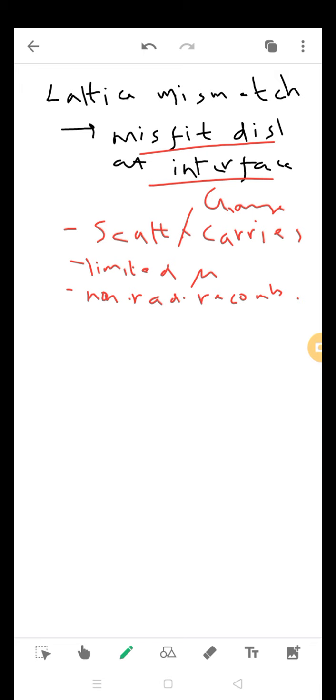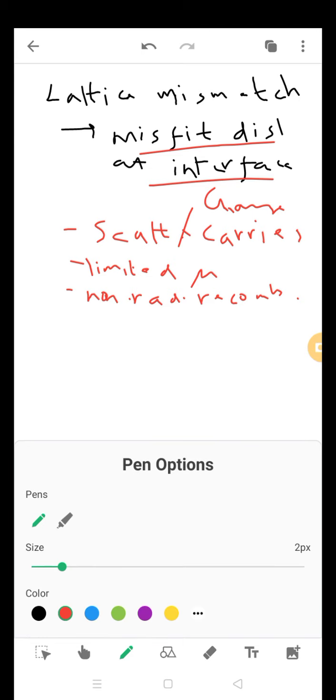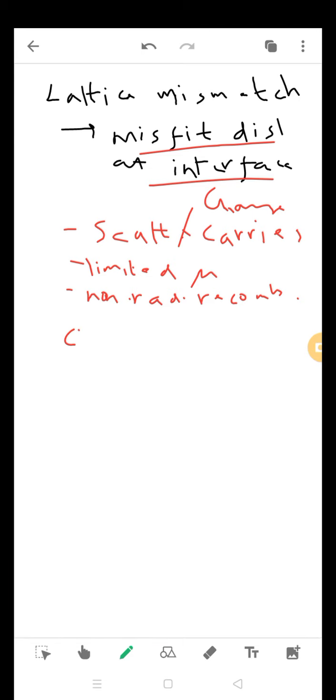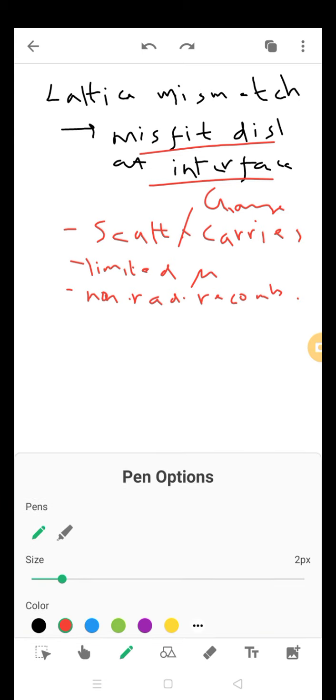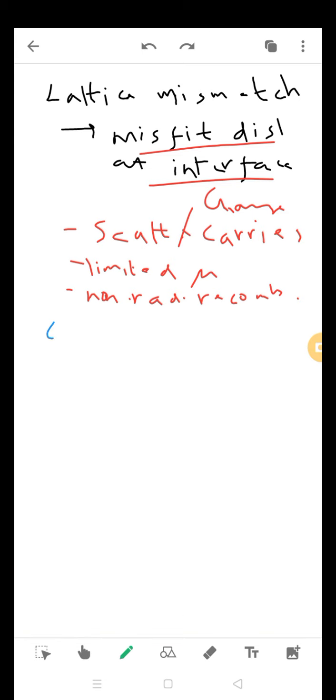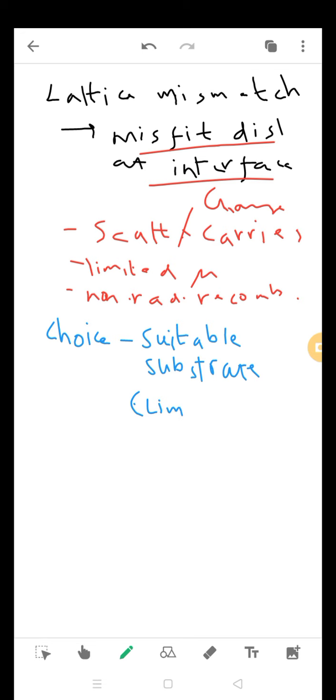Now the question is, the choice of a suitable substrate is limited. Therefore, we have to opt for other techniques. So additional techniques are required.